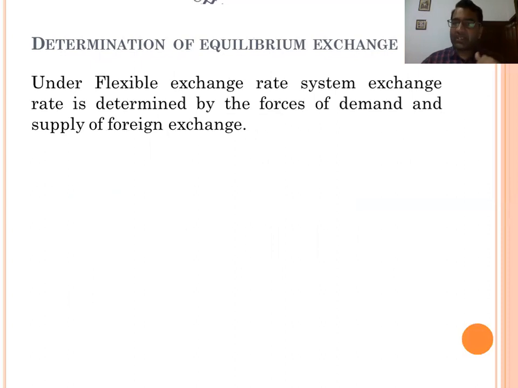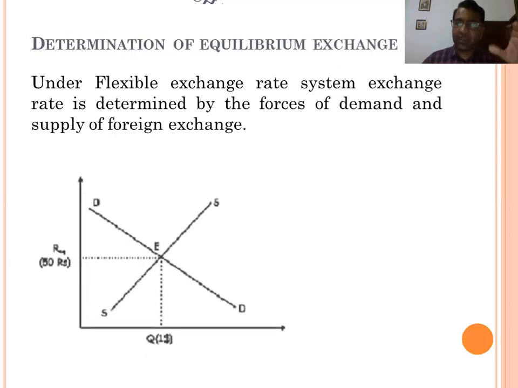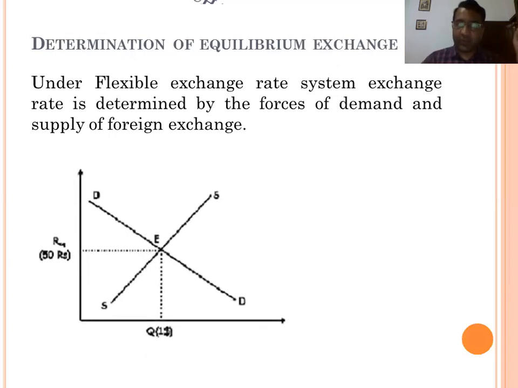Under a flexible exchange rate system, the exchange rate is determined by the forces of demand and supply of foreign exchange. The supply curve has a positive slope and the demand curve has a downward slope. If both intersect at point E, that gives the exchange rate and the quantity of foreign exchange.